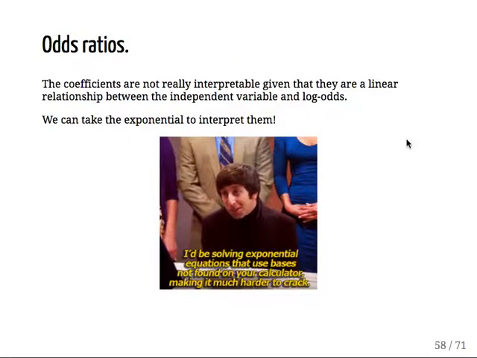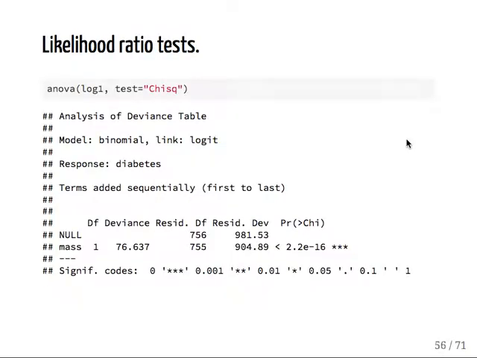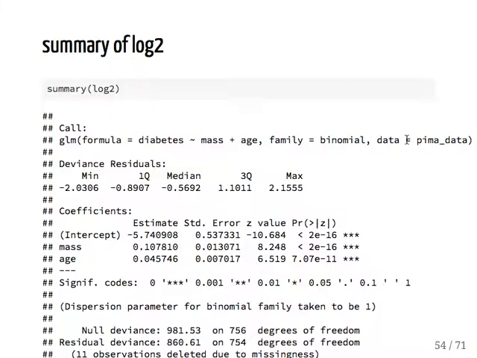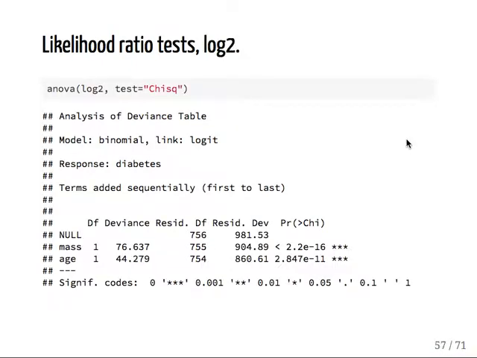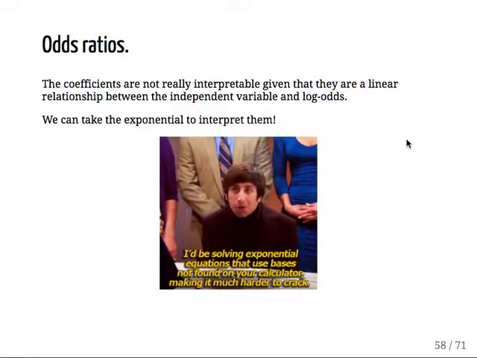Now, these coefficients are not really interpretable. That 0.107 is a log odds, a logarithmic transformation of the odds. So they're not really interpretable because it's a really weird mathematical transformation. What we can do is take the exponential, and then they become interpretable.